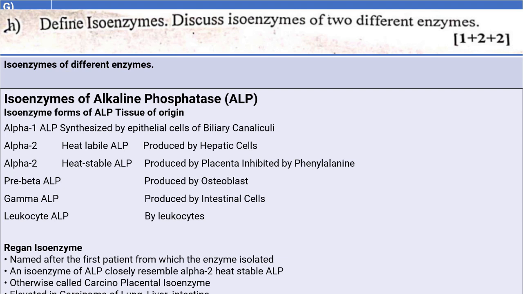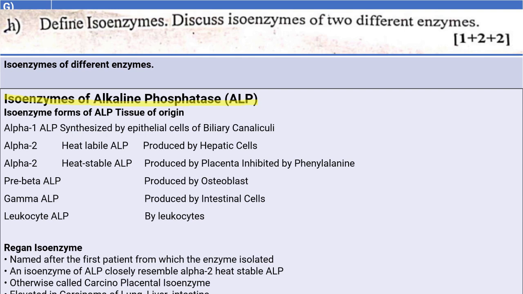Then isoenzymes of alkaline phosphatase. The isoenzymes of alkaline phosphatase are alkaline phosphatase alpha 1, alpha 2, which has two types, heat labile and heat stable, pre-beta ALP, gamma ALP and leukocyte ALP.